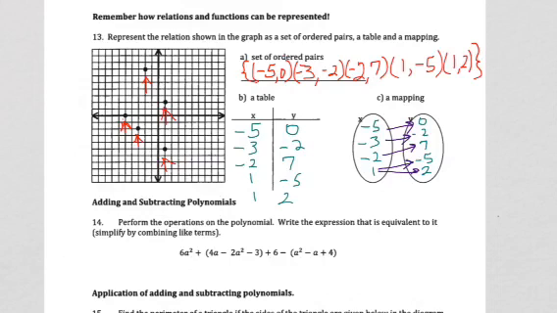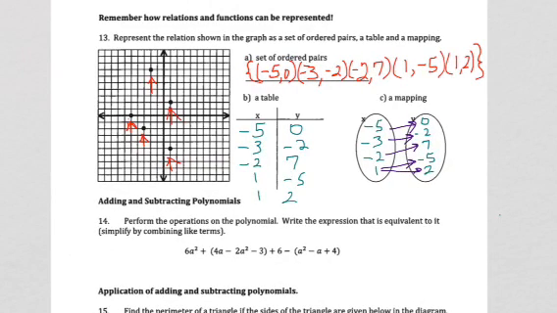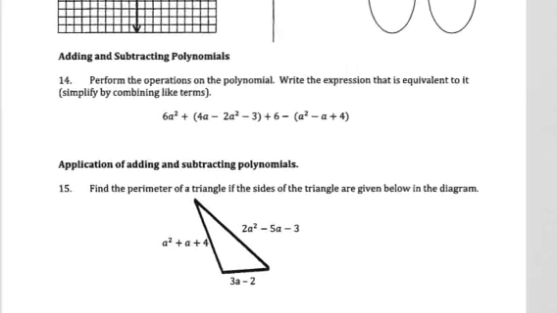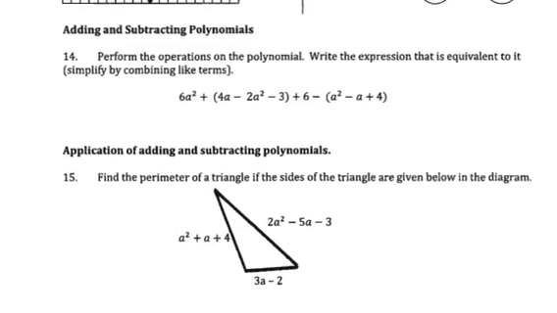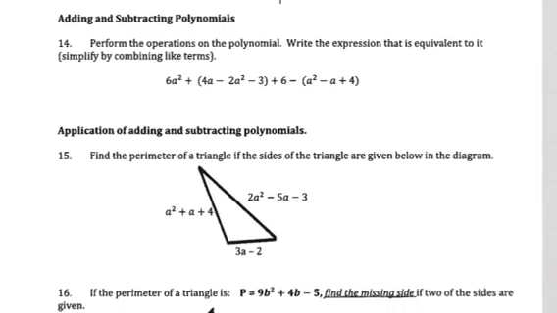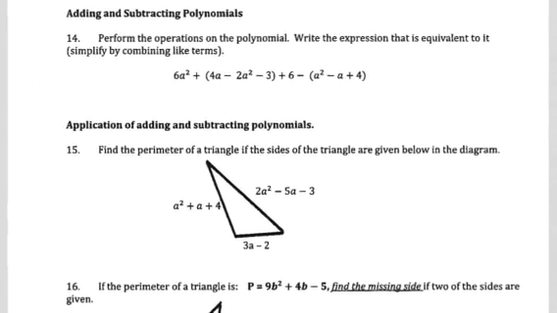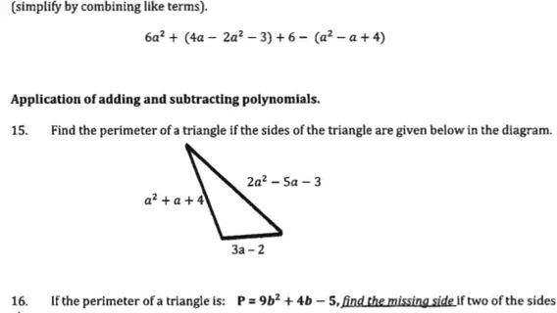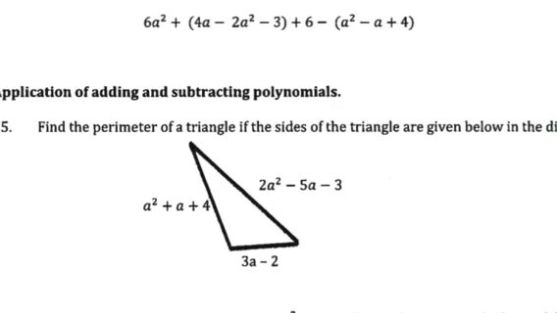Alright, so let's go on to the next section, where we are cleaning up a polynomial. It says to perform the operations on the polynomial, write the expression that is equivalent to it. So let's blow this up a little bit so we can take a look at it.